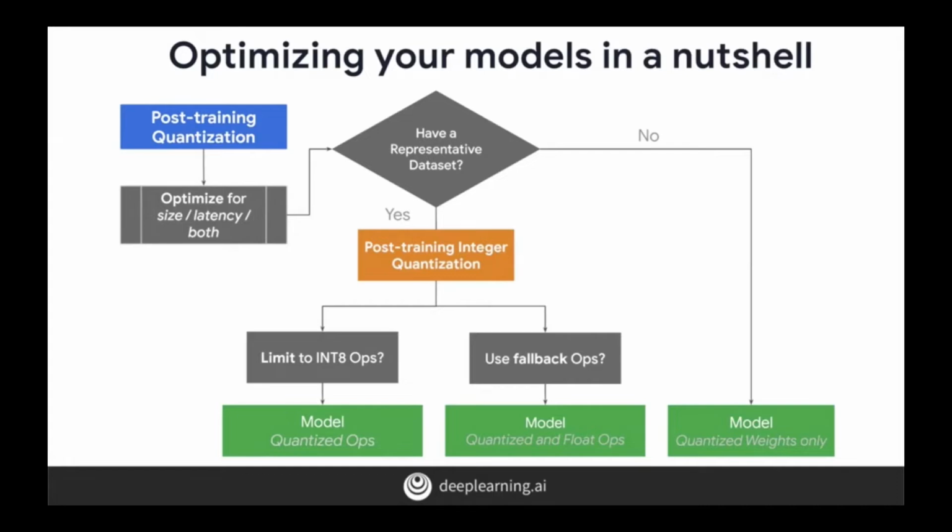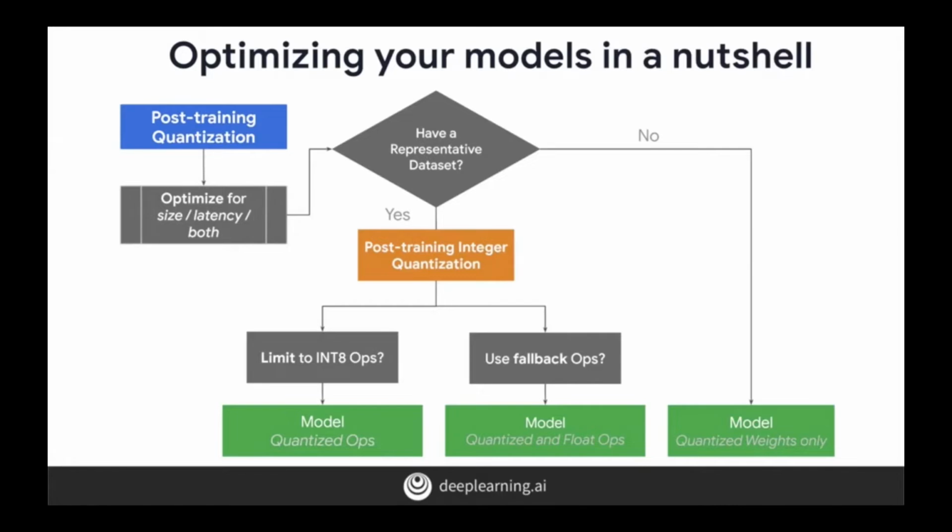So you have post-training quantization, and at that point you're just making the weights a little smaller. So maybe instead of floating point weights, you'll have 8-bit integer weights, but you're not touching the activations, and you're not really limiting the computations themselves on the other end. You're still doing floating point computations at the edge device.